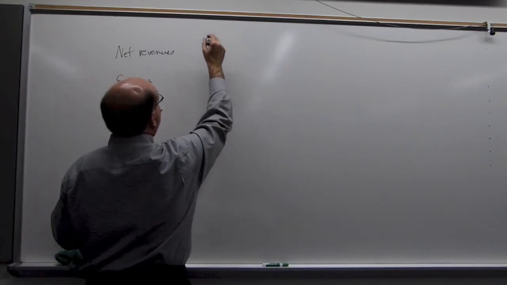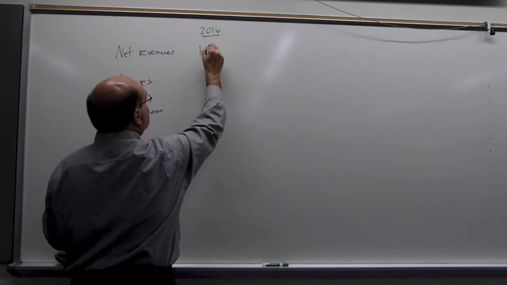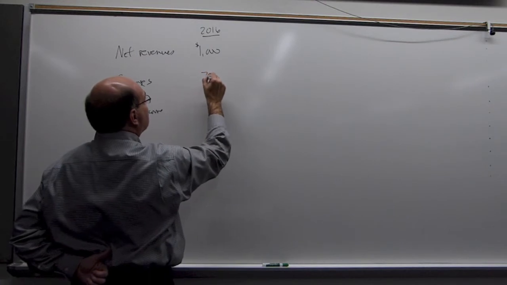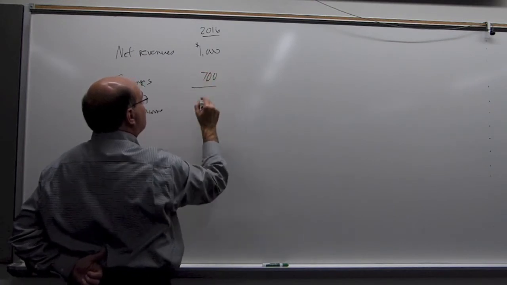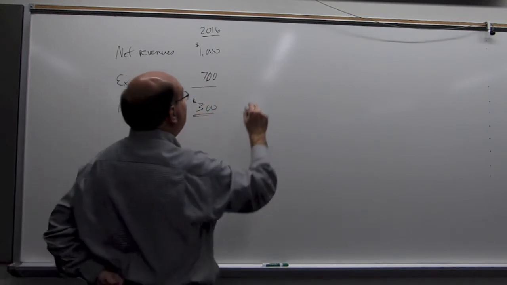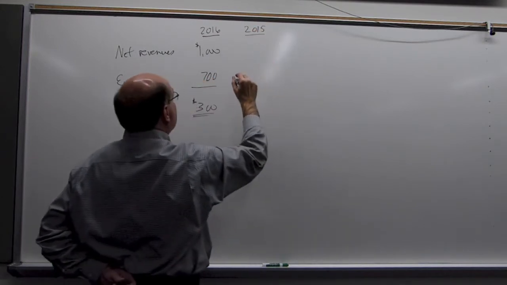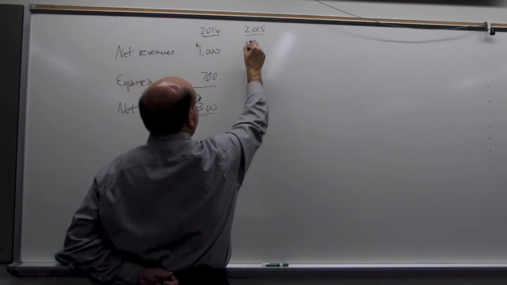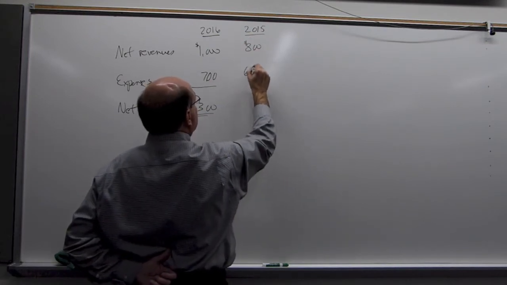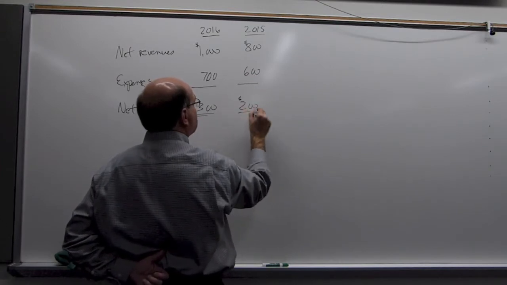And let's say you have 2016, say $1,000 and $700, and so this is $300. And then last year, 2015, let's say that was $800, and this was $600, and so your total was $200 net income, okay?